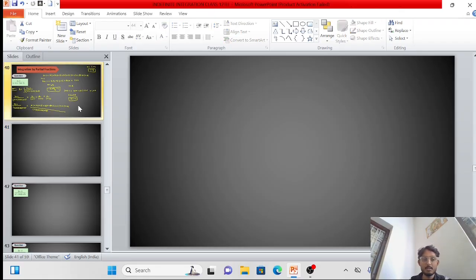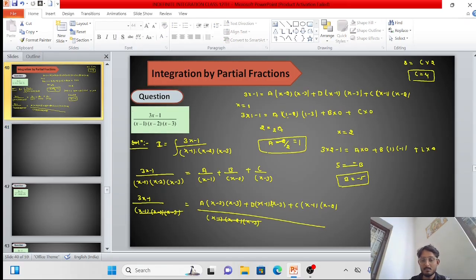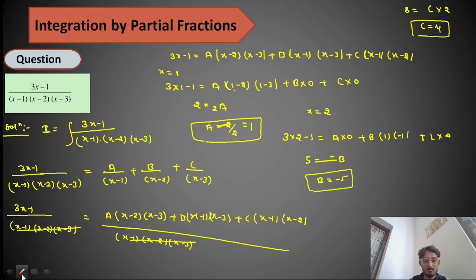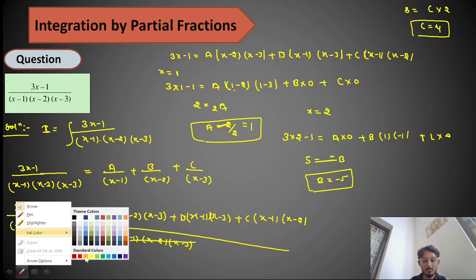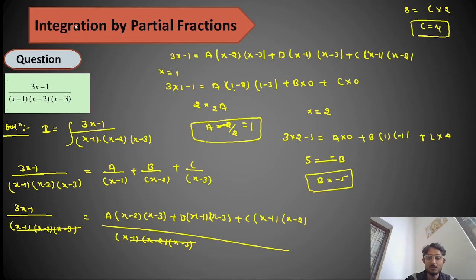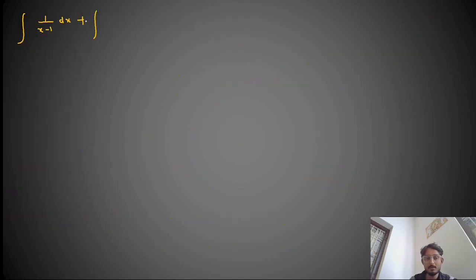So here we have A upon x minus 1, A is given as 1, so 1 upon x minus 1 dx, plus B is given as minus 5, so minus 5 upon x minus 2, and C is given as 4, so 4 upon x minus 3 dx.